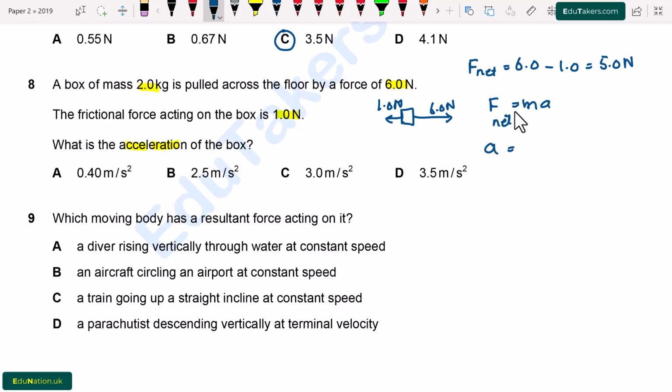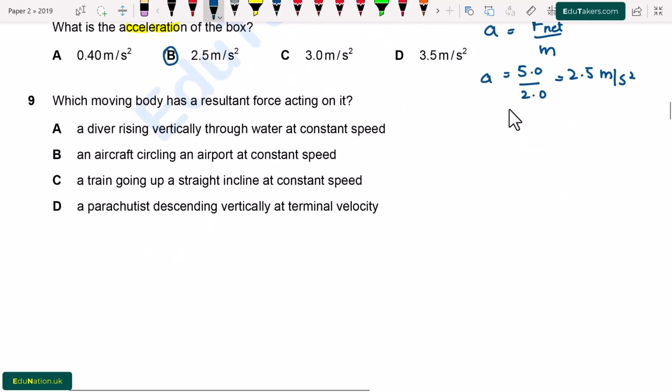So a will be equal to net force divided by m, 5.0 divided by 2.0, which is equal to 2.5. The unit of acceleration is meter per second square. So acceleration is equal to 2.5 meter per second square. B option is correct.